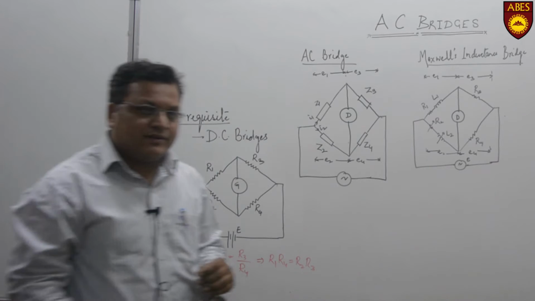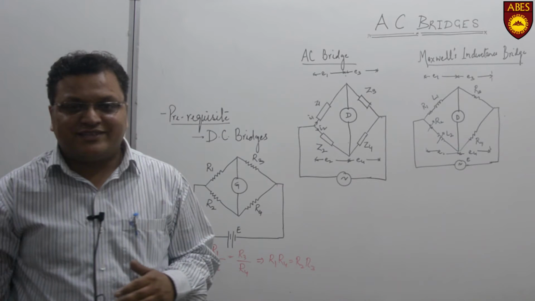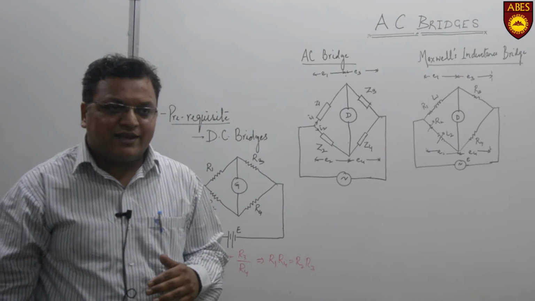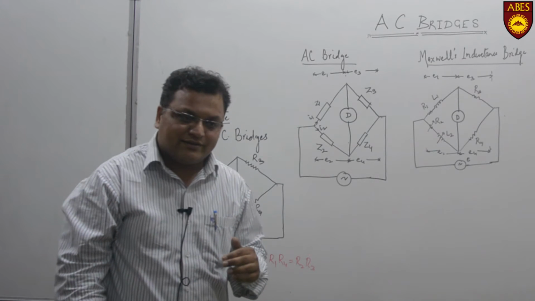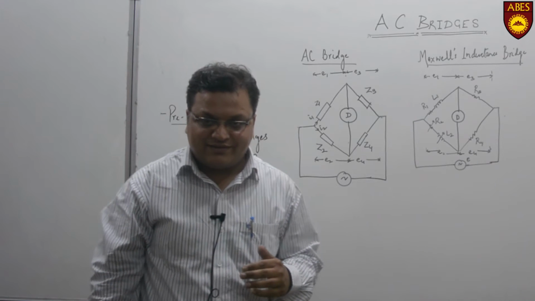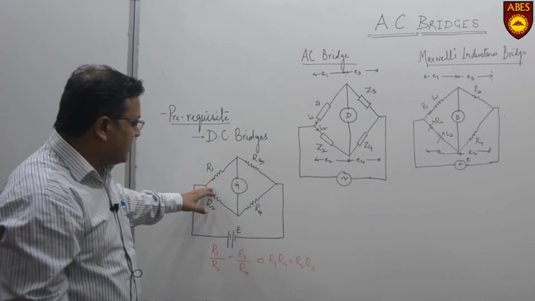Similar to this are AC bridges. This concept is elaborated to measure AC quantities as well. The point to be considered while measuring an AC quantity is the magnitude as well as the angle of the quantities. If we look at the diagram, the diagram is similar.